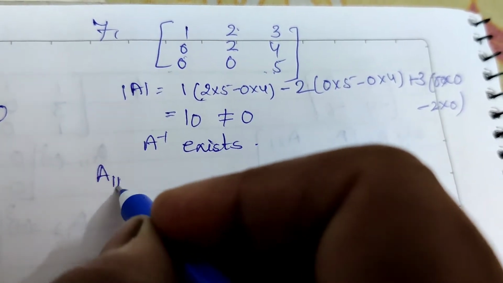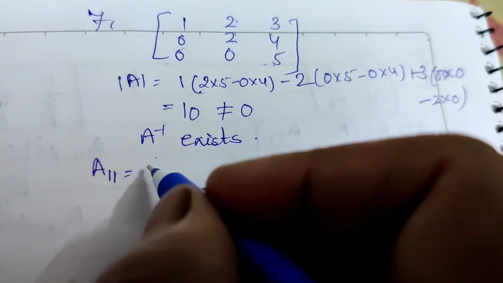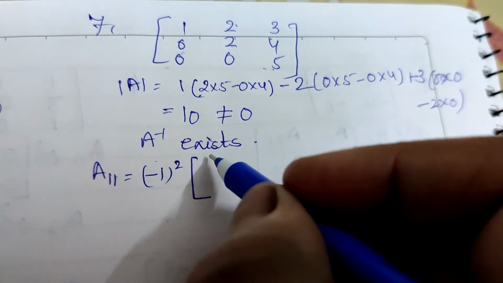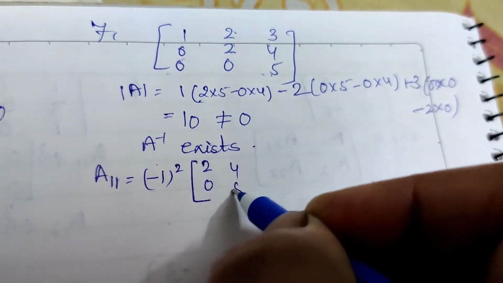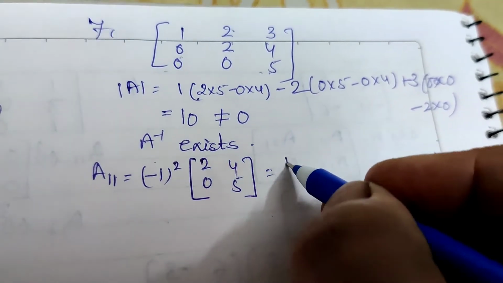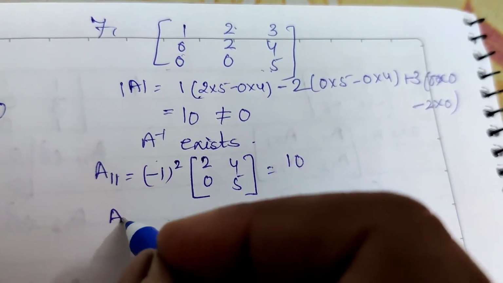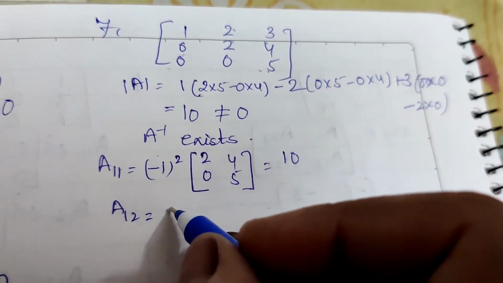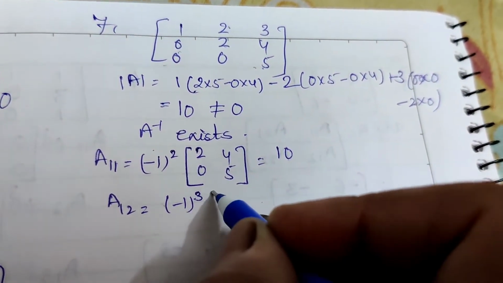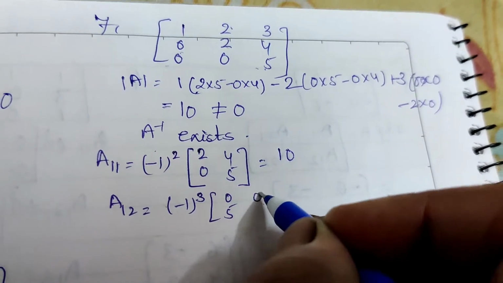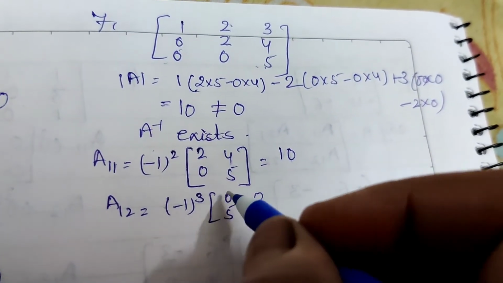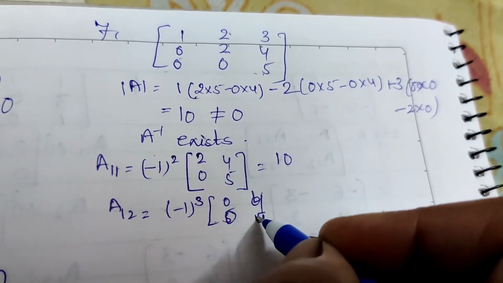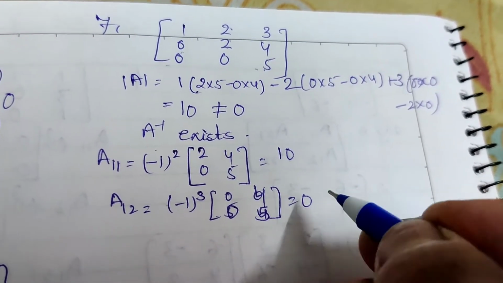What will we do for the adjoint? First we will find the cofactors. A11 means minus 1 raised to power 2, and the minor of A11 is 2, 0, 4, 5, which means 10. A12: 0, 5, 0, 4 gives 0.